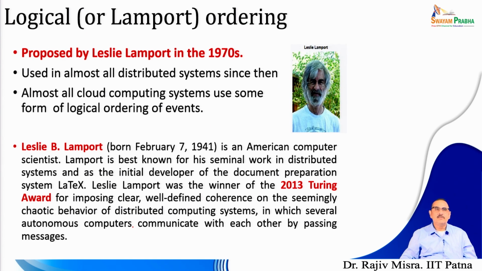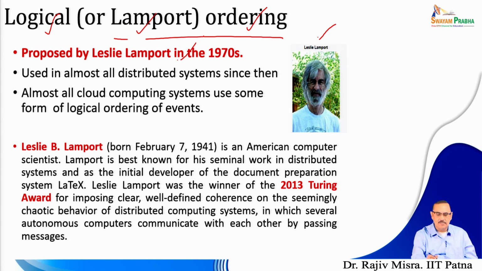This concept was given as logical ordering, by a famous scientist called Leslie Lamport, and that is why it is called Lamport's ordering. This idea was proposed by Leslie Lamport in the 1970s and has been used in all distributed systems since then.